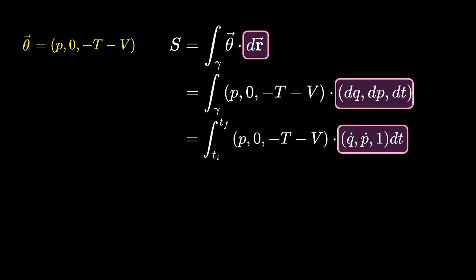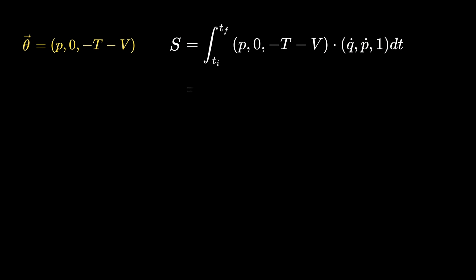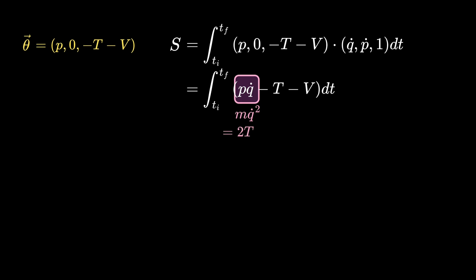This changes all the integration variables to t. By computing this dot product, the integrand is p q dot minus (T minus V). However, because p is m times the velocity, this p q dot is m times velocity squared, which is twice the kinetic energy.